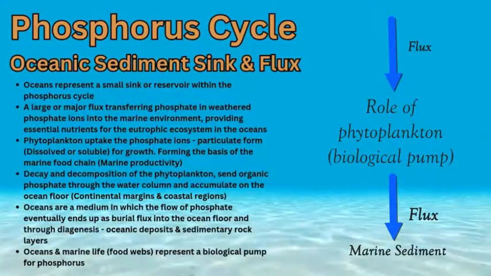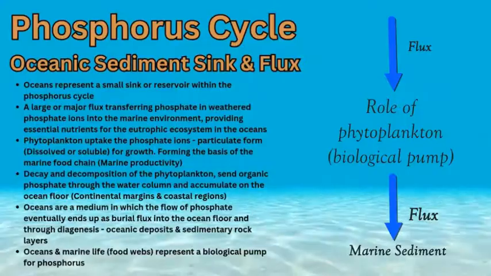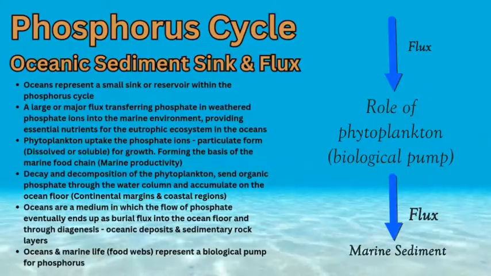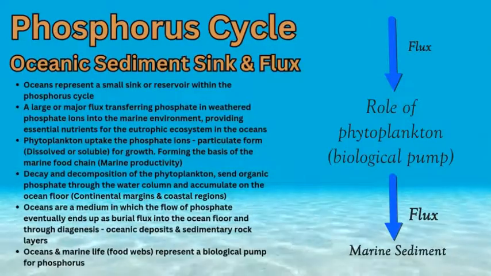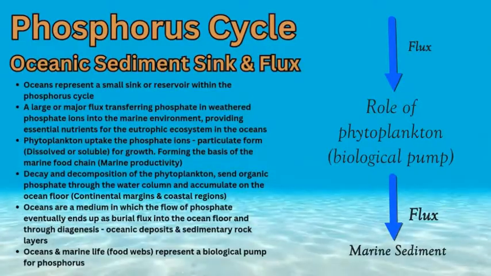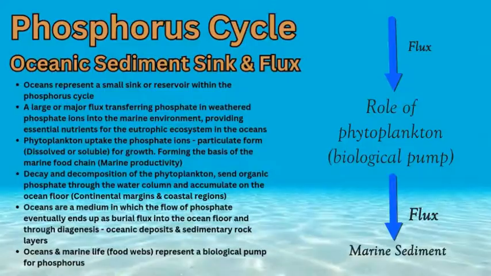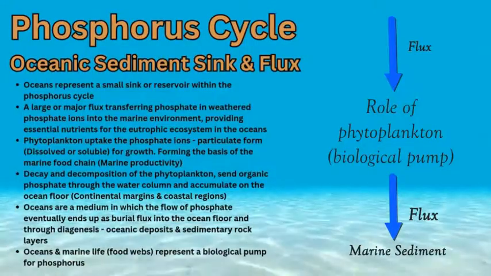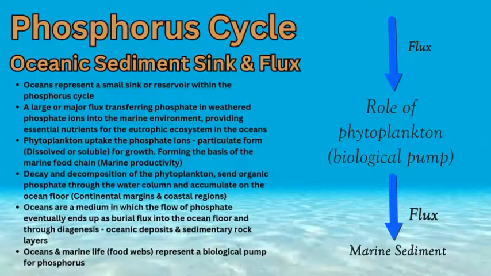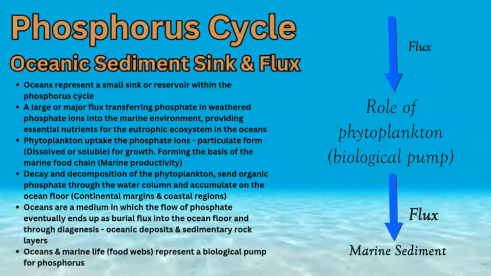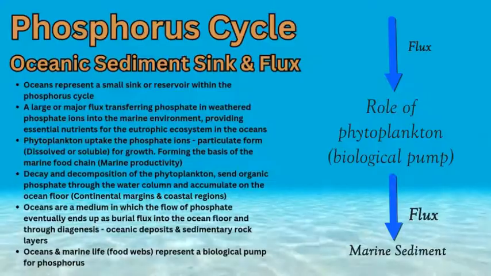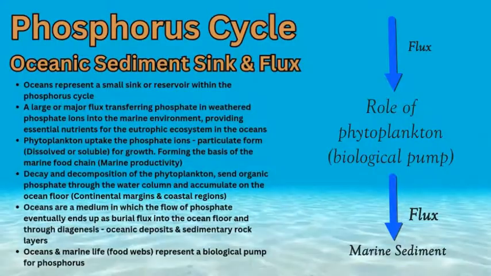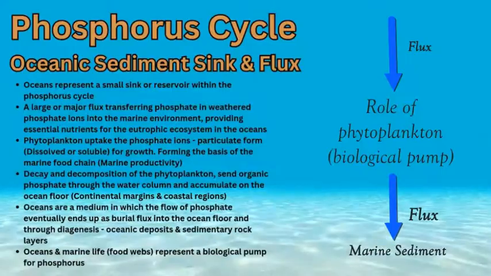Now, in the ocean itself, you have these phytoplankton, these microscopic organisms at the base of the food chain in the marine food webs. And this is in a euphotic zone where it is close to the surface in the photic zone, and you have this primary production going on with photosynthesis with the phytoplankton, and they're going to consume this inorganic phosphorus in terms of phosphate ions.